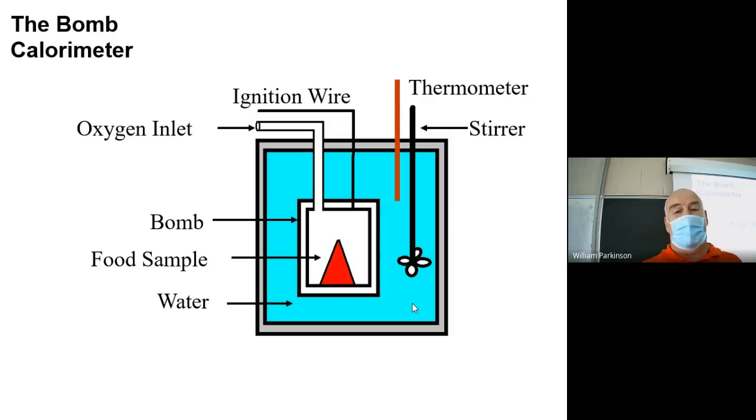And if I put exactly 1,000 grams of water, or a kilogram of water, in the calorimeter, I measure how high the temperature goes, and it tells me how many calories of food are in the food sample.